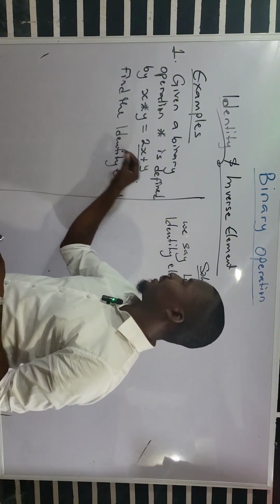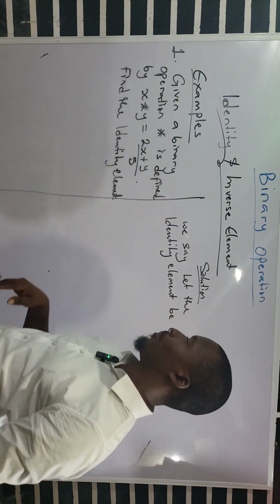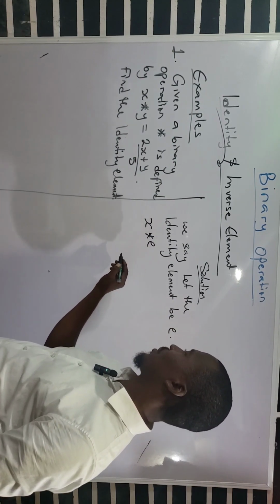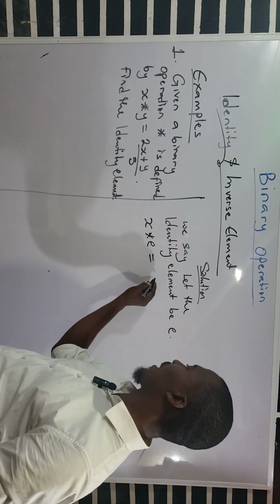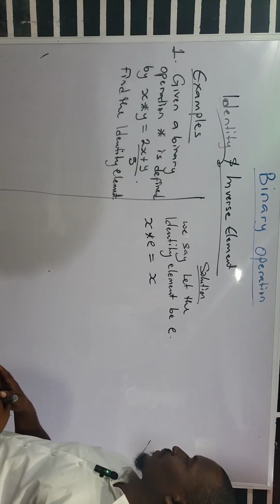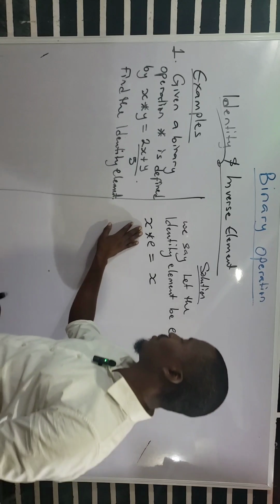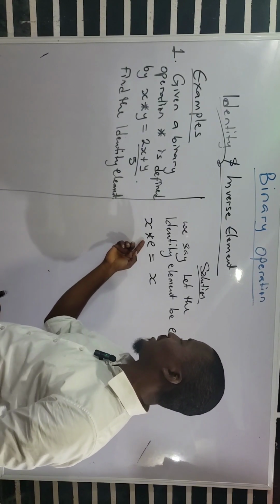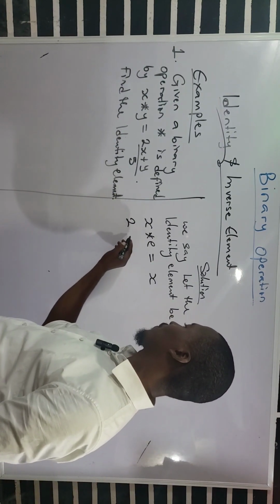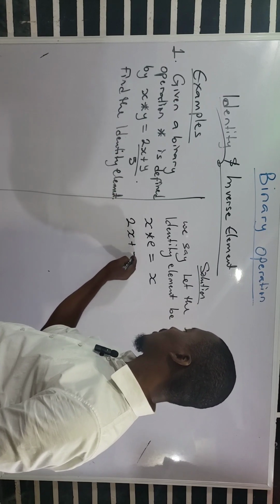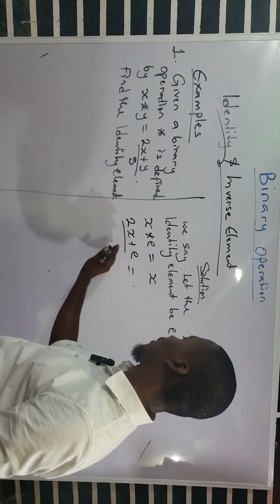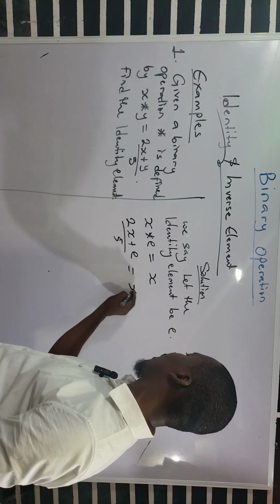Now we are trying to find the identity under this particular operation. If I have x binary E, what would that give me? That will give me back my x. So obey the rule of combination, equate it back to x and find the value of E. That becomes your identity. So that will give you (2x + E) over 5 equals x.